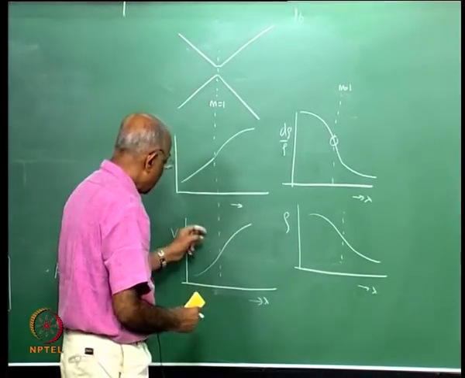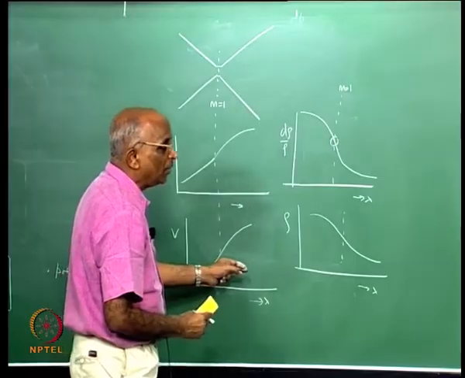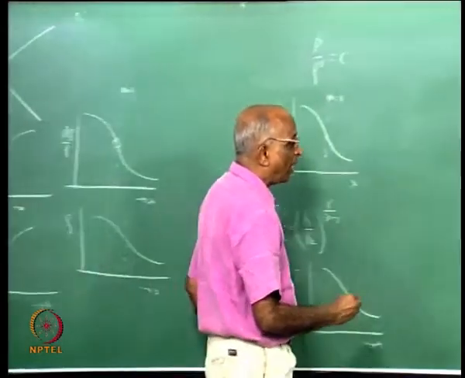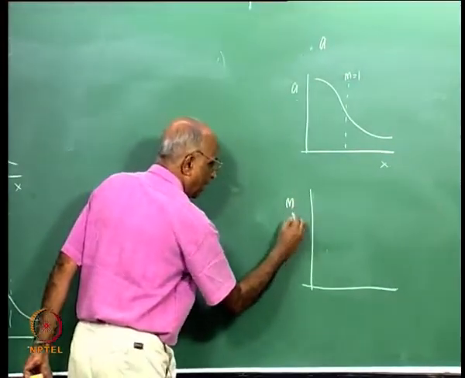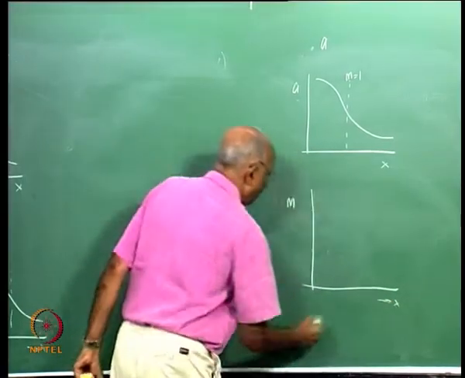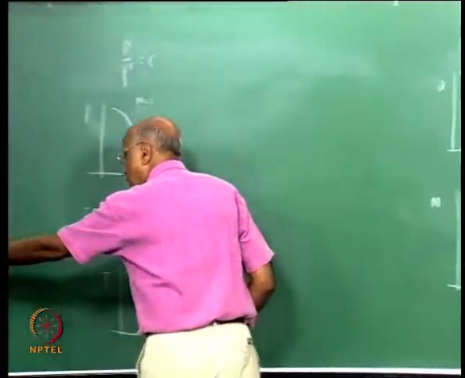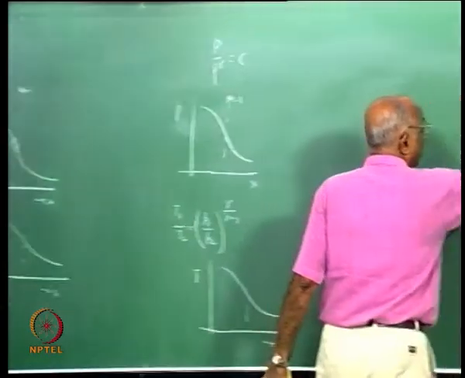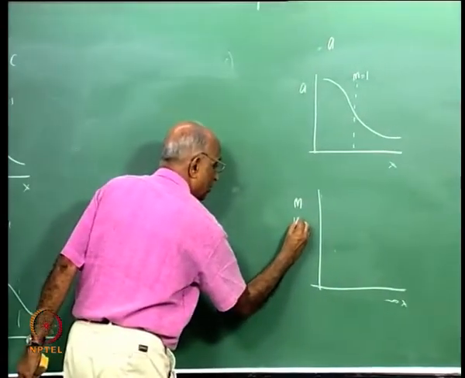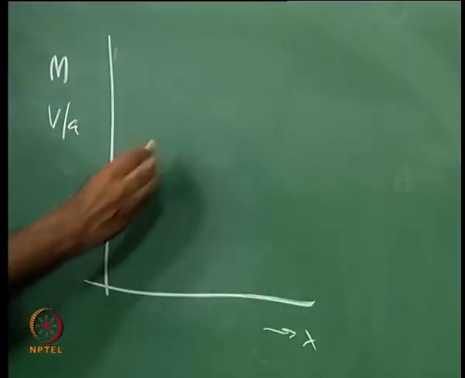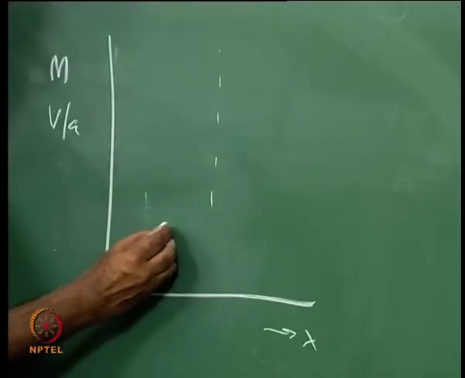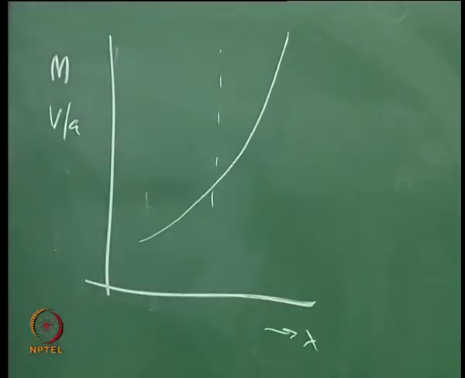I also find that the sound speed keeps coming down, and therefore if I were to find the Mach number variation as a function of x, what do I get? The numerator is increasing, the denominator is decreasing because Mach number is equal to v by a, and therefore if this is my plane, it is going to come like this and go like this.